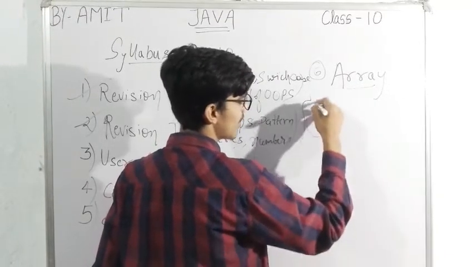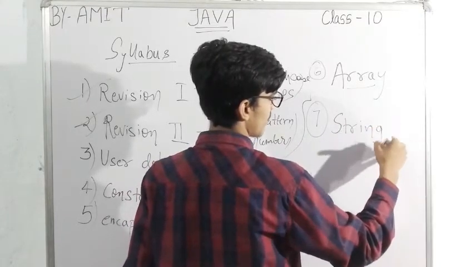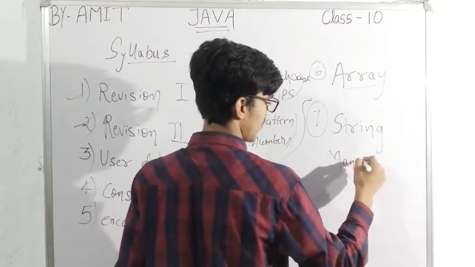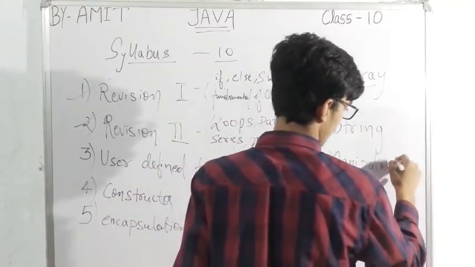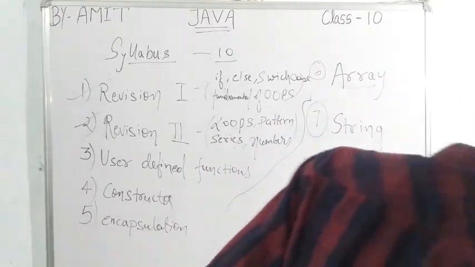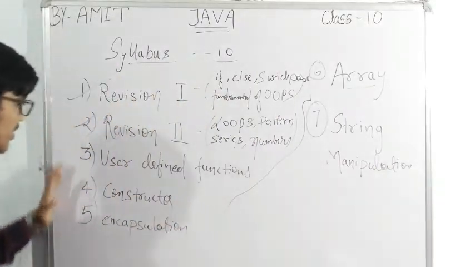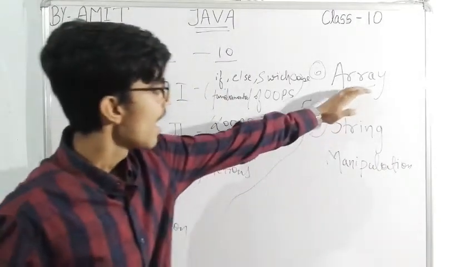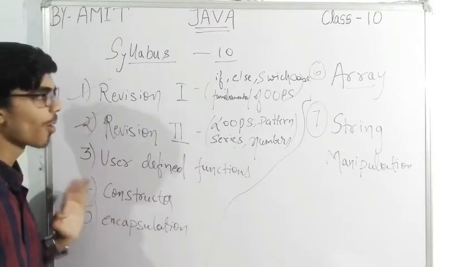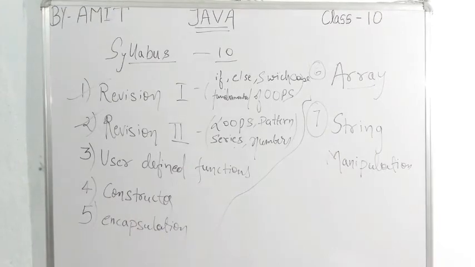And 7th, we have here string manipulation. So these are very important: array, string manipulation, constructor, encapsulation. So copy this down. This is the syllabus for class 10, which we have to cover in this session.